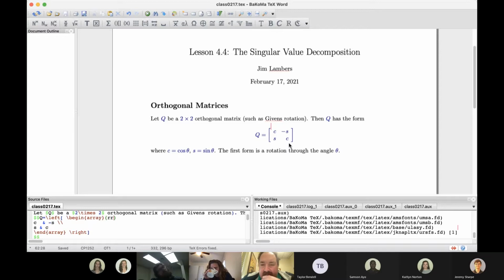What I do is I focus on the second column, because that's where the minus is, and the second column is what you get when you rotate the point (0, 1), the second column of the identity.